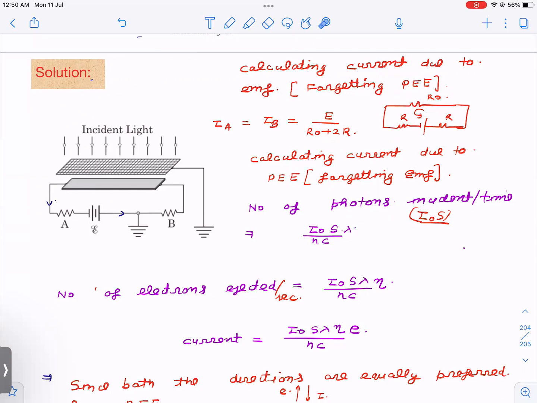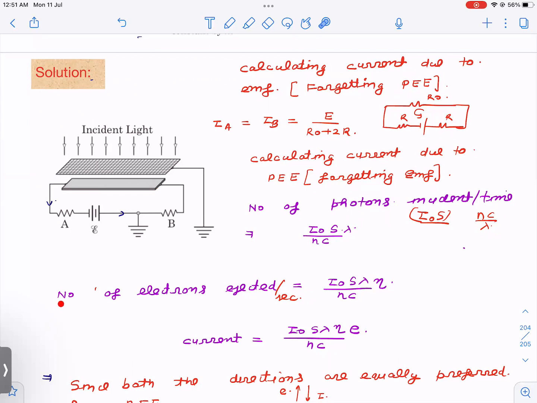Now, if I divide this by hc by lambda, what is hc by lambda? hc by lambda is the energy of one photon. So this is the total energy incident in unit time, and this is the energy of one photon. So if I divide by this, then you get the number of photons per unit time. So these are the number of photons which are incident on the plate in 1 second.